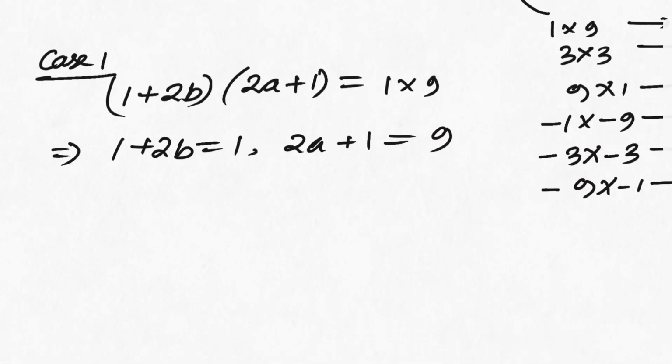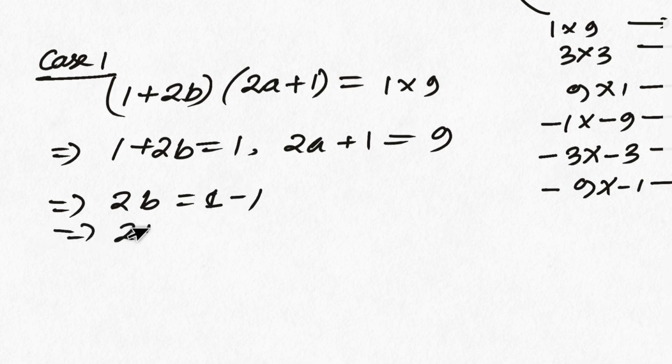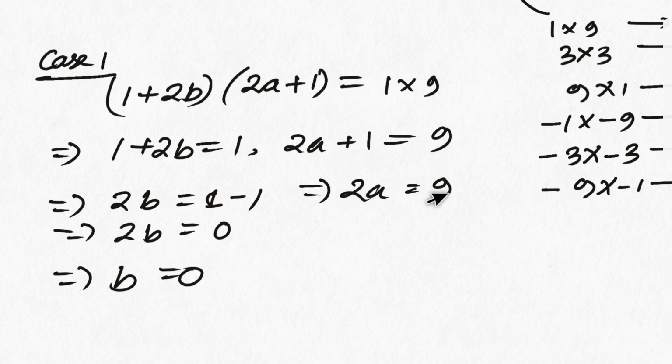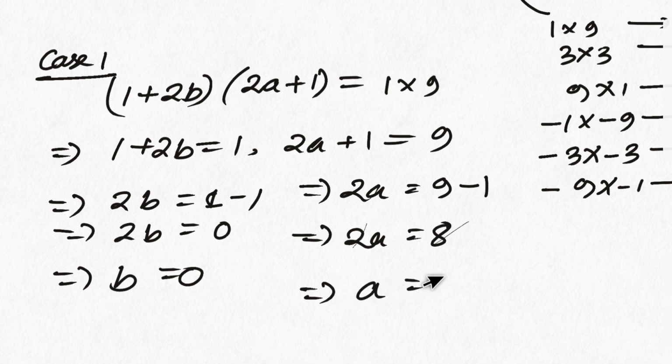Solving for b first, we subtract 1 to get 2b equals 1 minus 1, which simplifies to 2b equals 0. This tells us b equals 0. Solving for a, we subtract 1 to get 2a equals 9 minus 1, which is 2a equals 8. Dividing by 2, we find a equals 4.